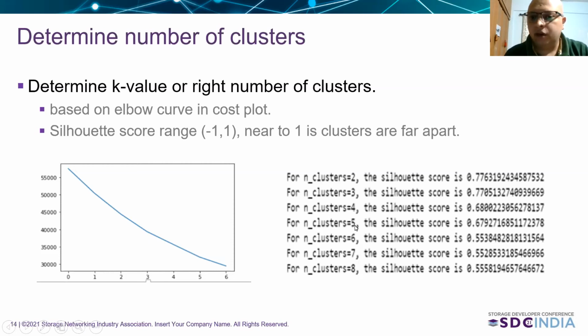For our data set, we got 5 as the best score at 0.67. A Silhouette score can range from -1 to 1, and the one nearing 1 is a set of clusters which are far apart.